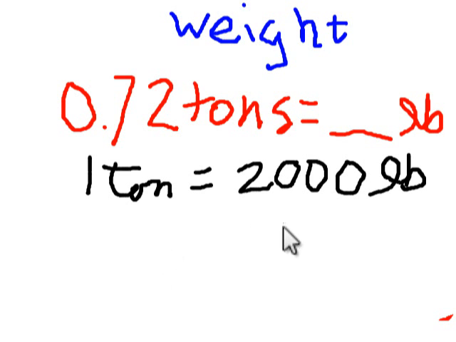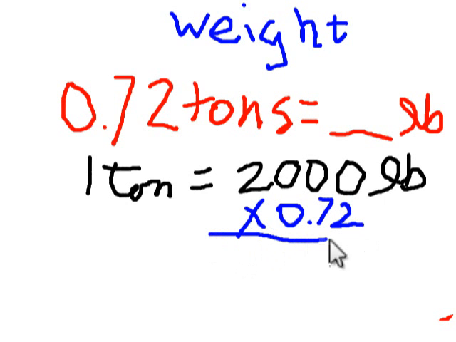So if that's the case, we're going to multiply that 2,000, and I'm just going to use the 2,000 as I have it written there, by 0.72. And when I multiply, I always put the longer number on top. You don't have to. But I want to point out again that I'm not lining up the decimal points. I don't need to, because I don't just bring the decimal point straight down. So when I multiply 2,000 times 72, I get 144,000. You can do that multiplication yourself. I did it out to the side because there's not room here.